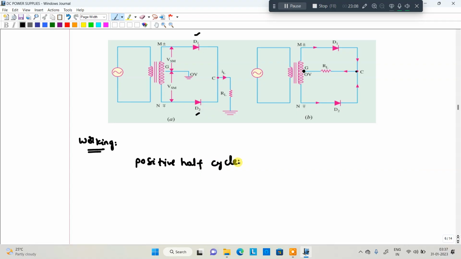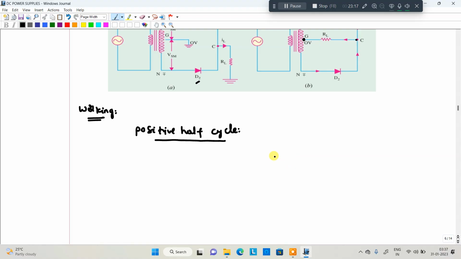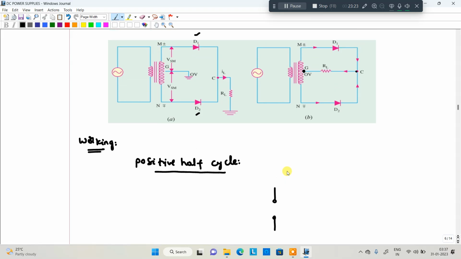In the positive half cycle, the equivalent circuit diagram will be, if you are giving the voltage to the circuit, this one is positive and this one is negative.